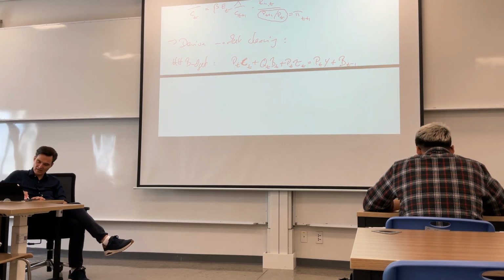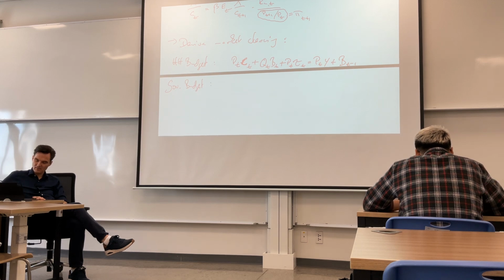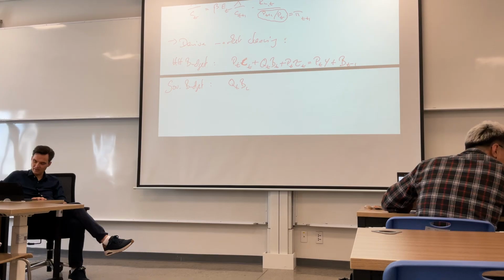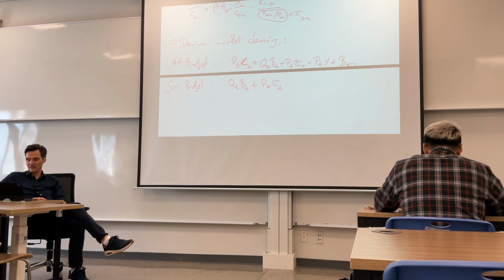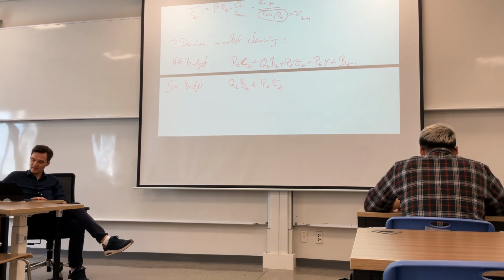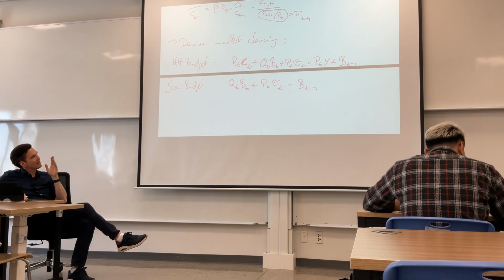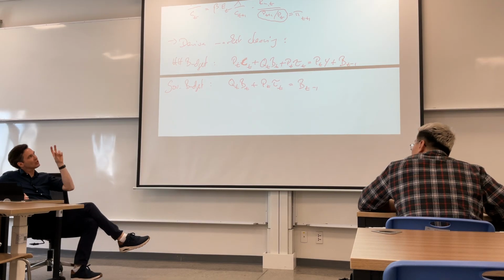Then we write the government budget: QT times BT plus PT times tau T is equal to BT minus 1. The devil's always a little bit in the detail whether you add those or subtract them from each other.